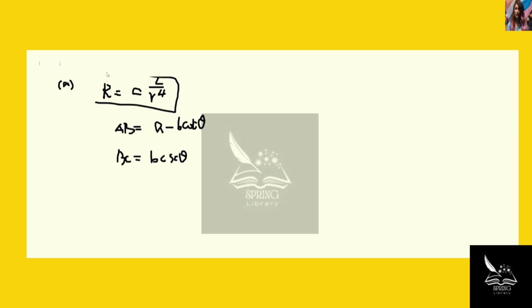Then we use Poiseuille's law. We have R is equal to C times (a minus b cotangent theta) over R1 to the power of 4 plus b times cosecant theta over R2 to the power of 4.